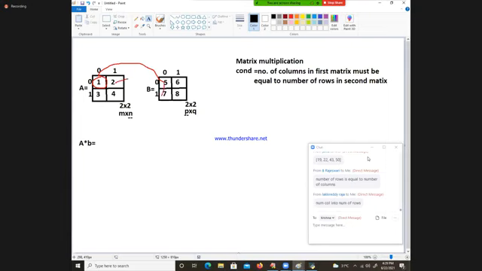Next, this 2 will be multiplied with 5 and 2 will be multiplied with 7. That is, each row of the first matrix is multiplied with each column of the second matrix.